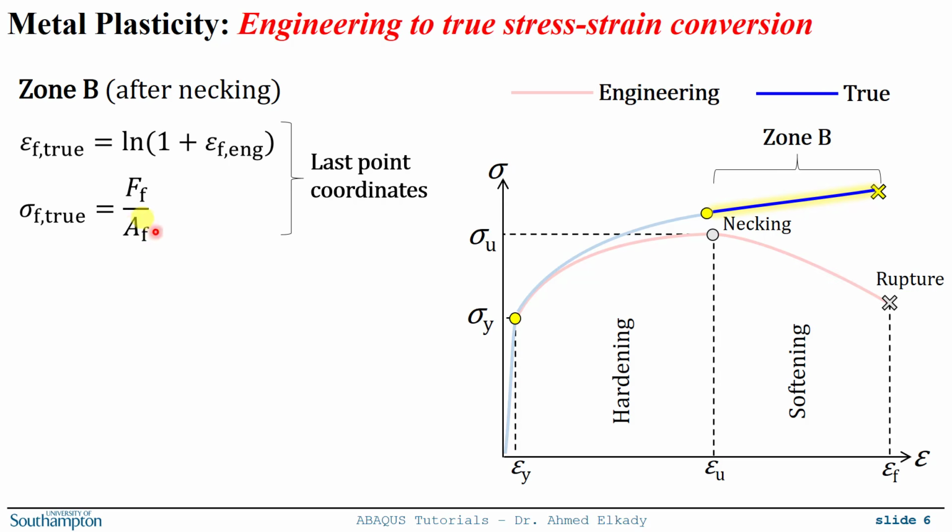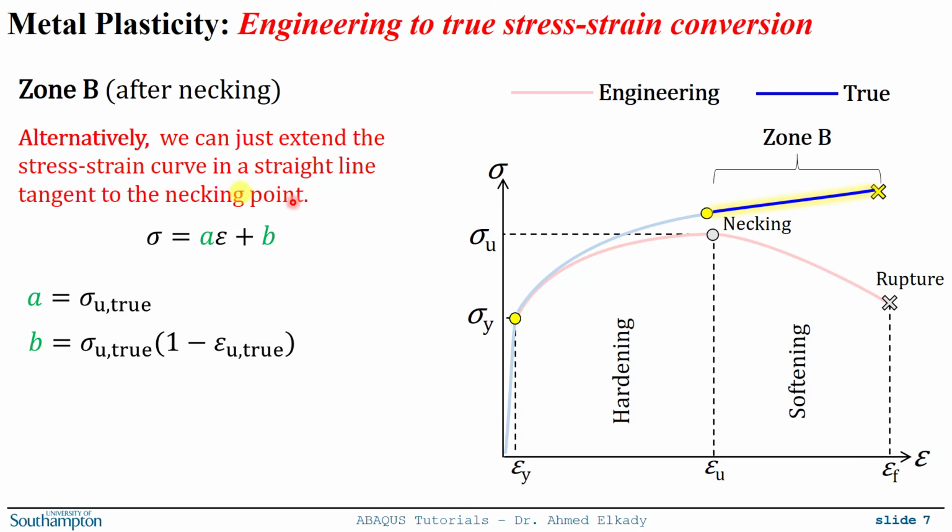If you didn't do this measurement after the test, which in most cases many do not do, that's fine. You can just extend this line as a tangent from this point. You just extend it as a straight line. This is the alternative way. So you can just extend the stress-strain curve in a straight line tangent to the neck point.